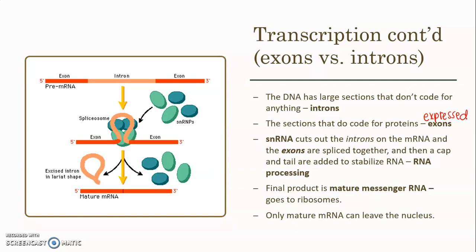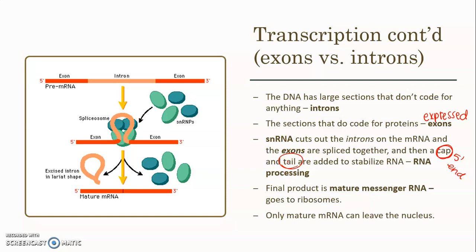Okay. So those snRNAs that we had talked about earlier, the small nuclear RNAs, their job is to cut out the introns of the mRNA and then put the exons together. And then after the exons get put together, the mRNA will then pick up what we call a cap on its 5' end, so a 5' cap, and it's going to get a tail, which seems silly.